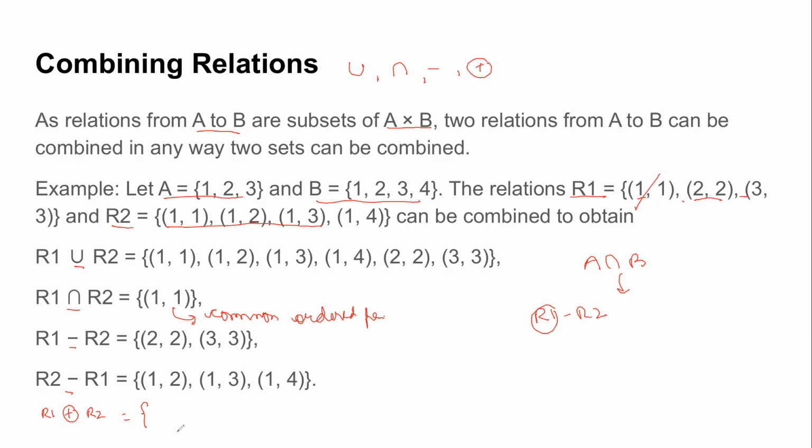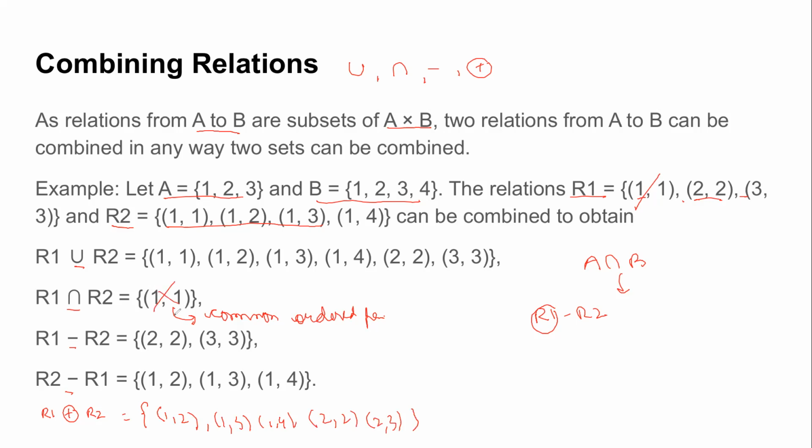So common things you have to leave out. (1,1) is the intersection, so it won't be there. So (1,2), (1,3), (1,4), (2,2), (2,3). Basically, without the intersection, everything else will go in the symmetric difference.